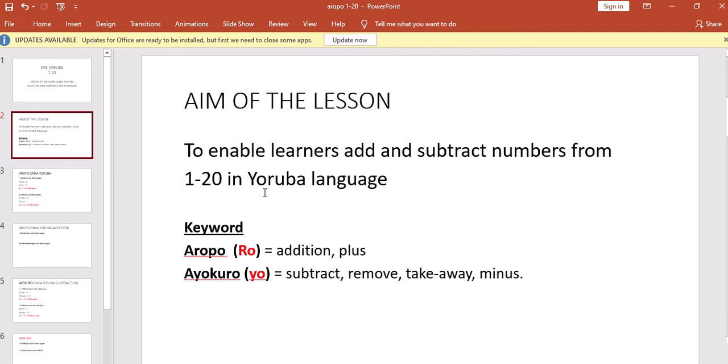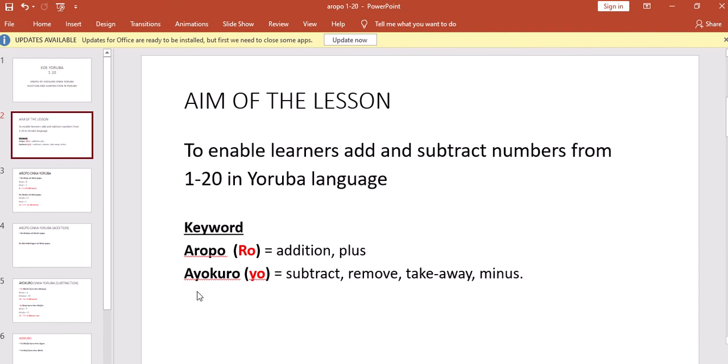Don't forget, last topic was 1 to 20 in Yoruba language, but today we want to do the addition and subtraction. So whenever you see àròpọ̀, àròpọ̀ means addition. If they are not writing àròpọ̀, we can also call it row. So it means plus. Àròpọ̀ also means plus or add together.